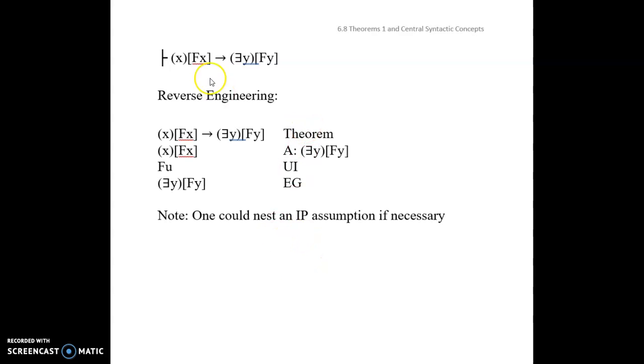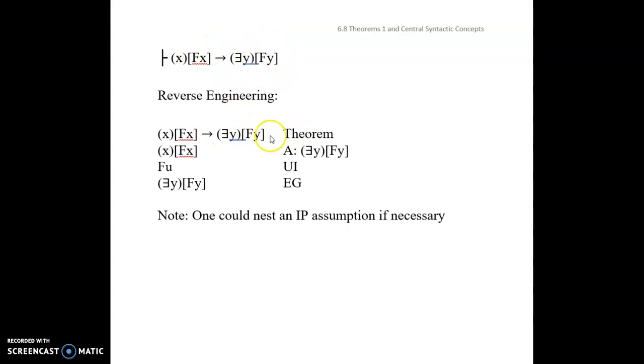All right, so in this particular case, this sentence that's a theorem of logic is a conditional. And notice the classical assumption that we're working with a non-empty domain plays a critical role here. This says on the condition that everything in the universe is F, something in the universe is F. So it's a conditional whose antecedent is a universally quantified sentence and whose consequent is an existentially quantified sentence.